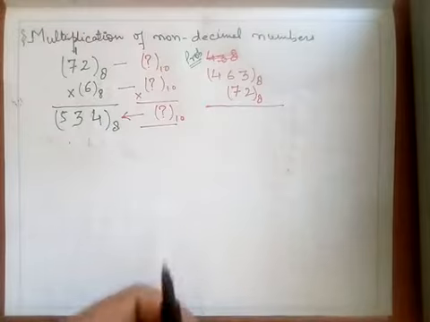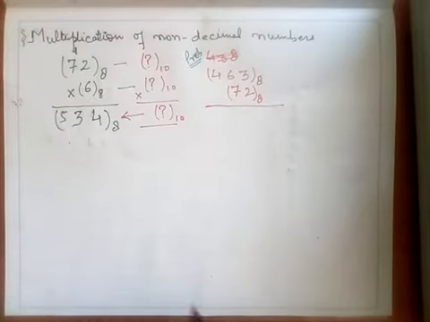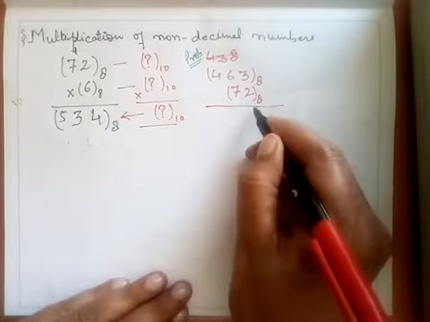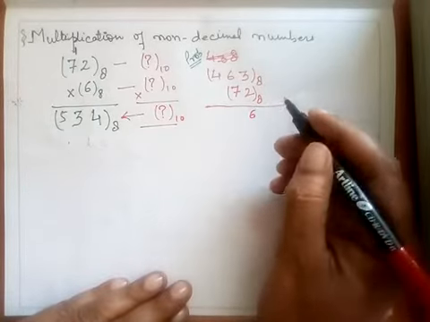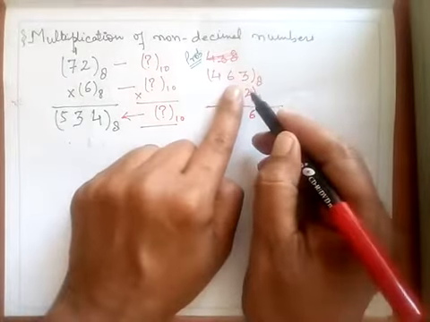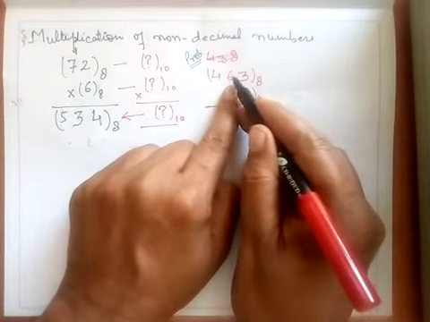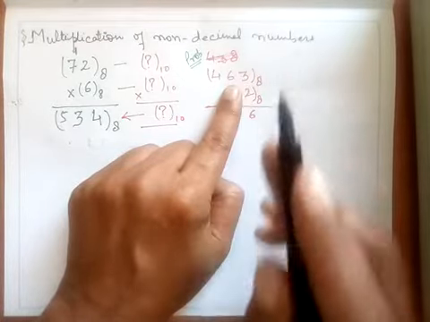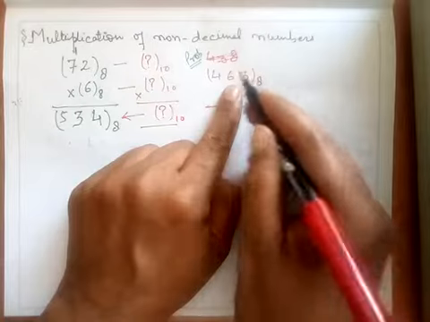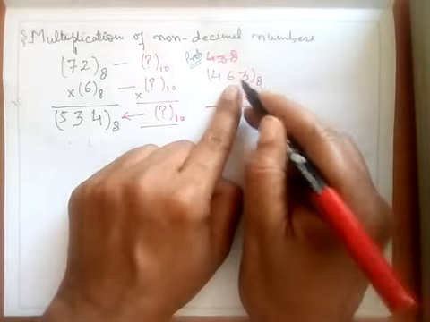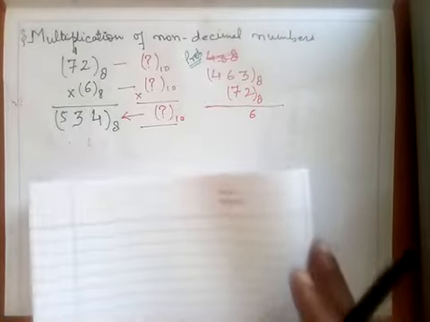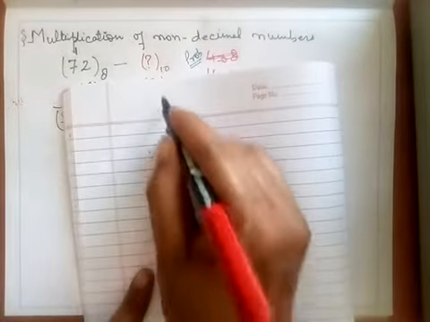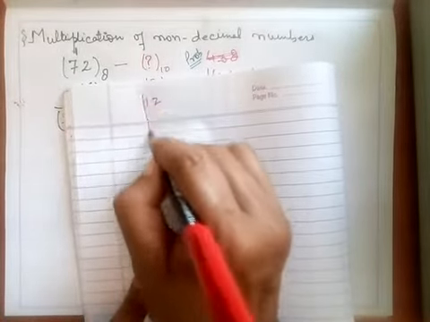First of all, 2 3s are 6. 6 in decimal is the same as 6 in octal. So first I multiply by 3: 2 3s are 6. Now 2 6s are 12, but that is in decimal. I have to convert this 12 into octal.